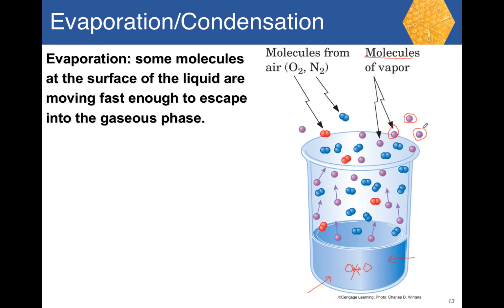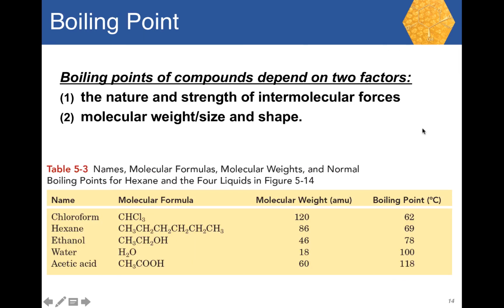Okay, let's see why that is so important. The boiling point of compounds depends primarily on two factors. The first is the nature and strength of intermolecular forces. And the other has to do with the size and weight of the molecules.